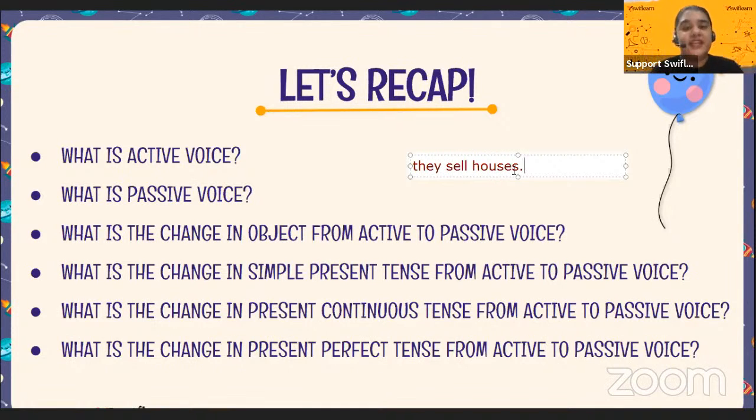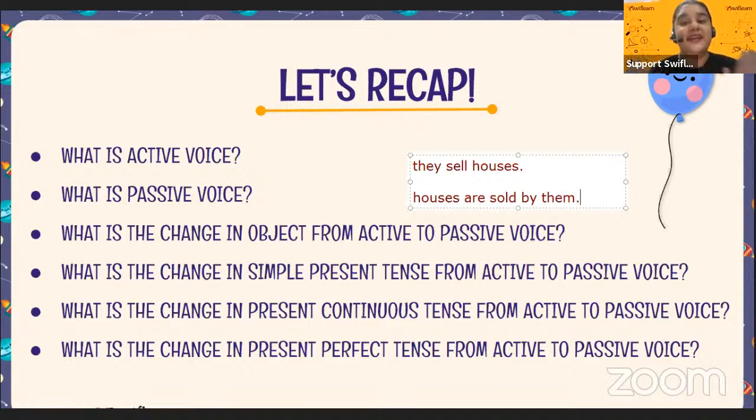So when we change it into passive voice, what will be the rule? Remember, subject plus is/am/are plus verb third form. Here your object will become the subject. Which one is the object? Houses. So you will say, houses are sold by them.